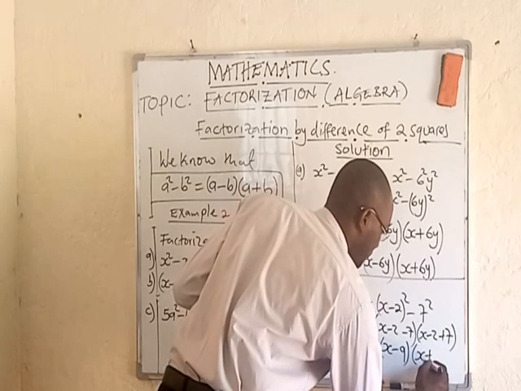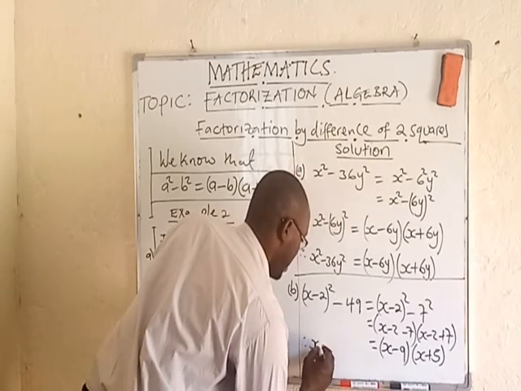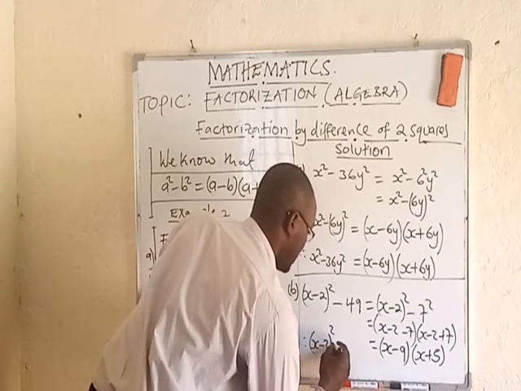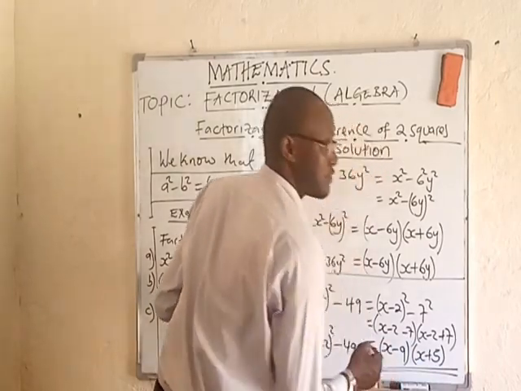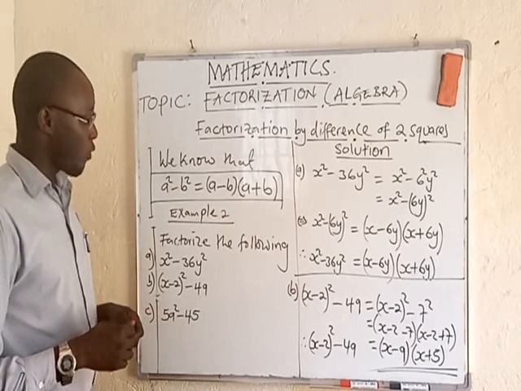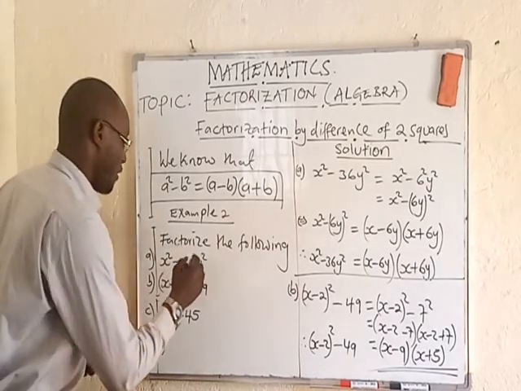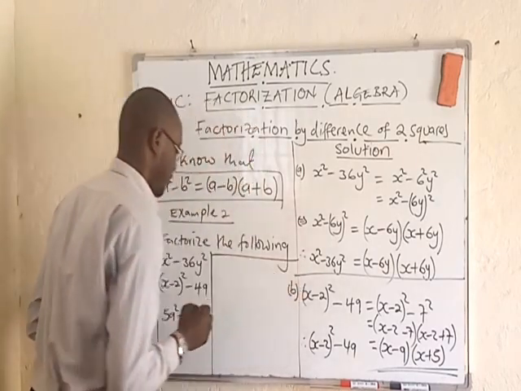So x plus 5, x plus 5. So therefore, our x minus 2 squared minus 49 is going to simplify to that value. Very wonderful. Now let us go and also simplify part C of our question.